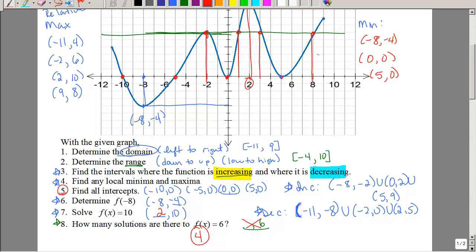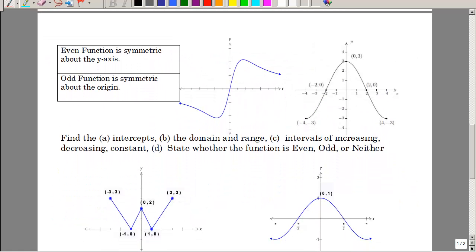So there would be 4 solutions. So again, just to review about that domain and range and intervals of increasing and decreasing. Now let's look at some symmetry. You have an even function if it's symmetric about the y-axis, and you have an odd function if it's symmetric about the origin. This would be an even function because here's our y-axis.